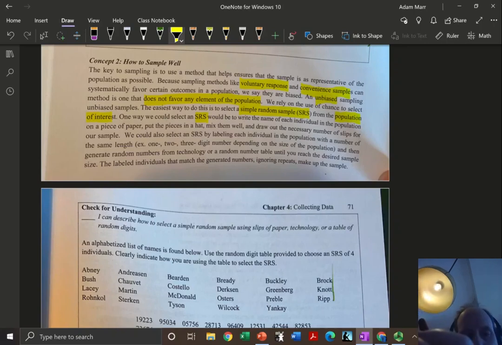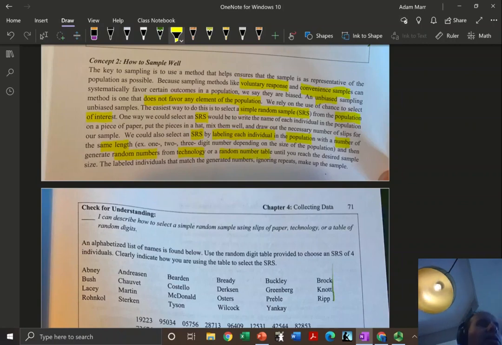We could also select a simple random sample by labeling each individual in the population with a number of the same length. For example, one digit, two digit, or three digit numbers depending on the size of the population. And then generate random numbers from technology or a random number table until you reach the desired sample size.